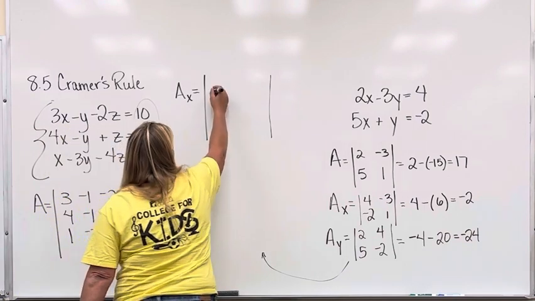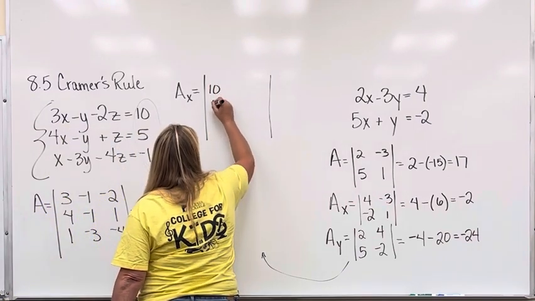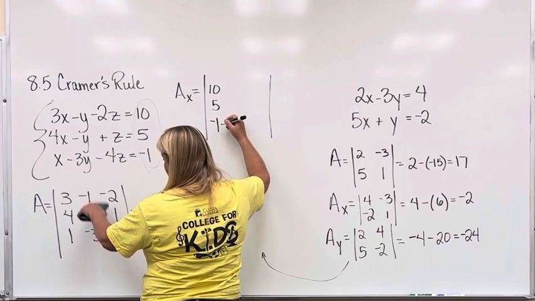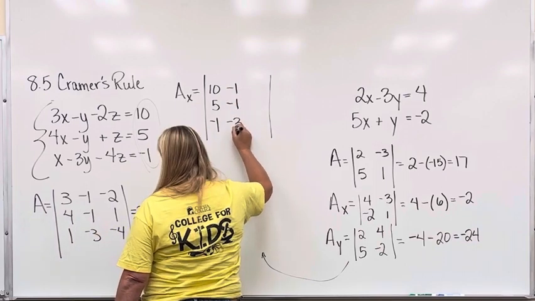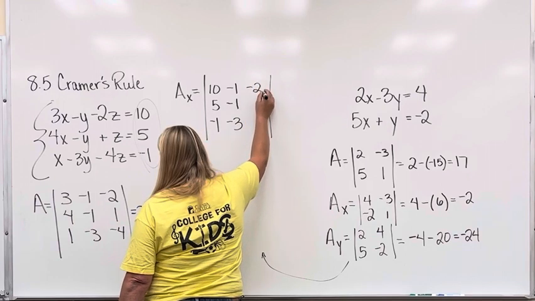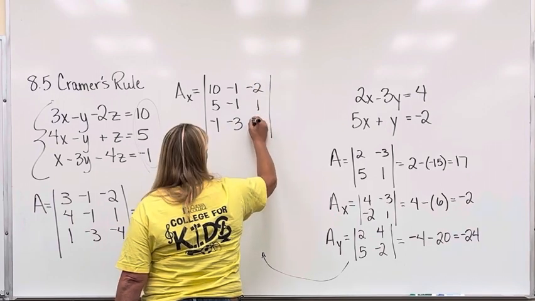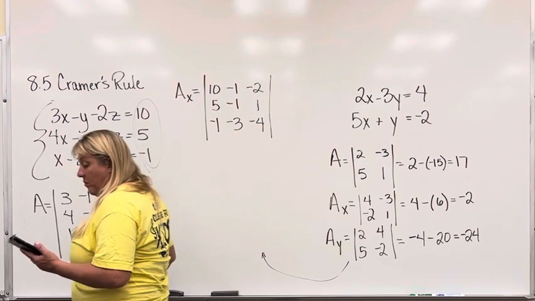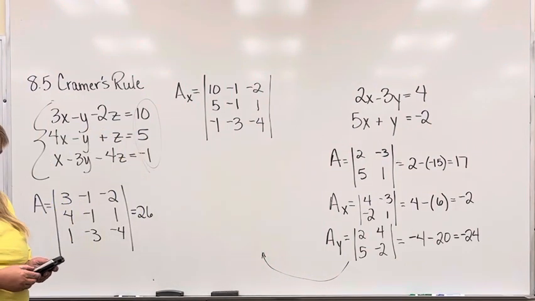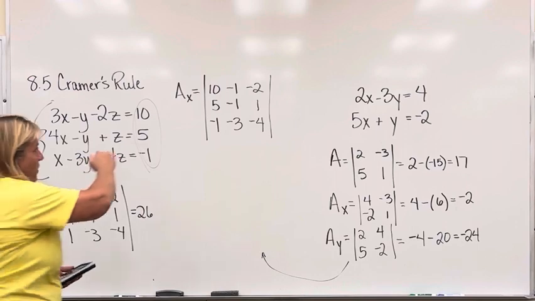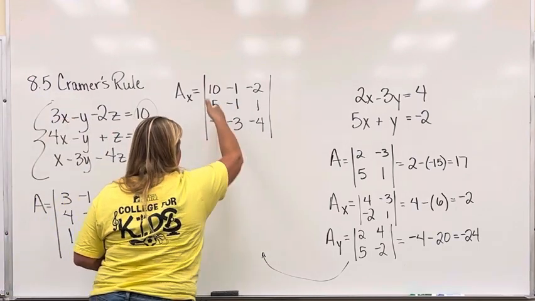So now the first column is going to look like 10, 5, -1, but the other columns are going to stay the same. -1, -1, -3, and -2, 1, -4. Now, if you go back into matrix to edit your same matrix that you have there, you can use your arrows to go, and since we don't need to change all of them, we just need to change this one.